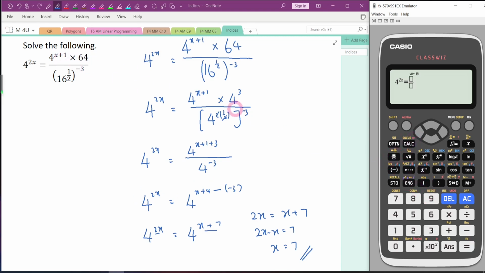Okay, here it's quite complicated. 4 power x plus 1 and times 64 and then, okay, let me wait for a while.